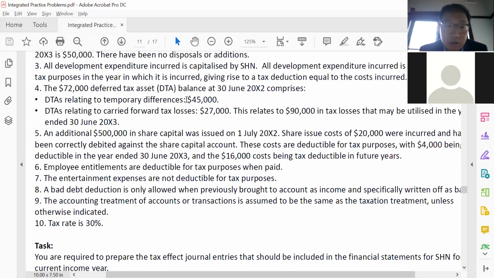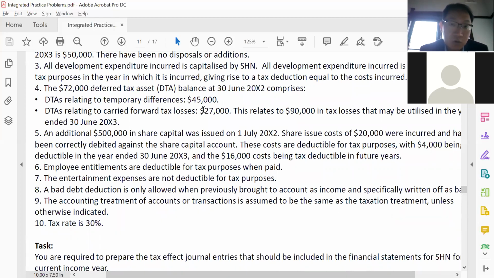So the amount of the tax loss multiplied by the tax rate is equal to the DTA. Okay, so the loss multiplied by the tax rate is equal to the DTA. We are told that the DTA is 27,000.